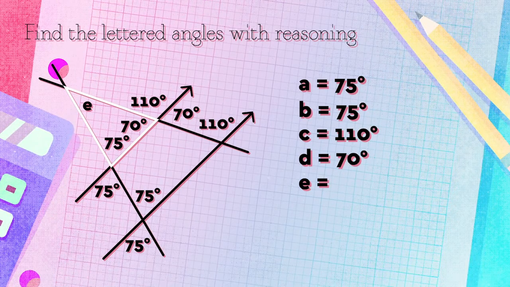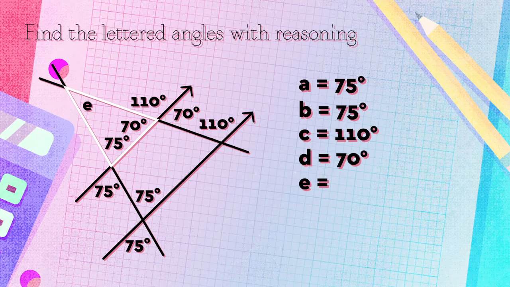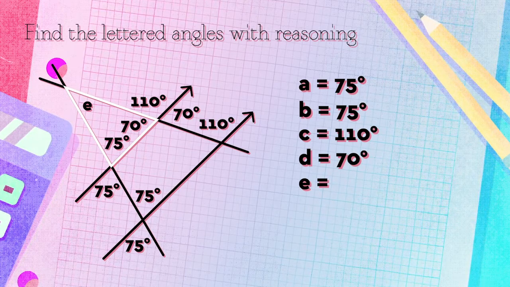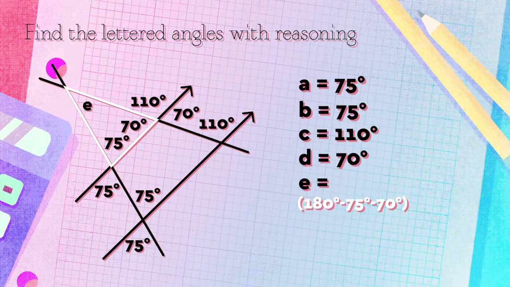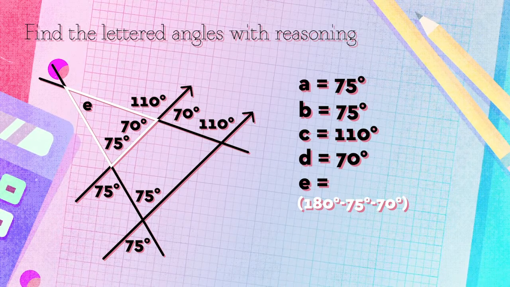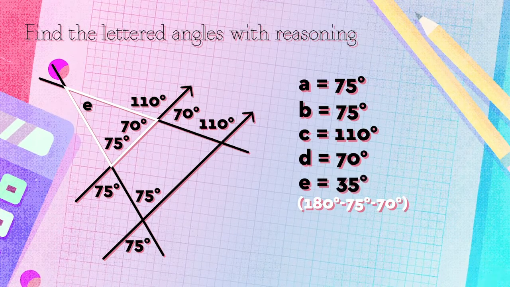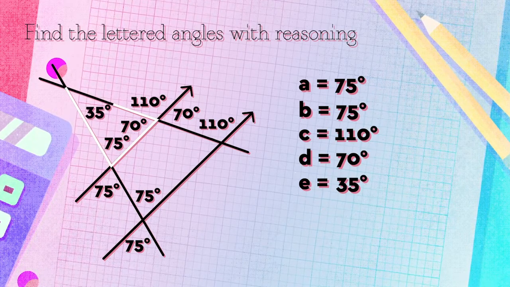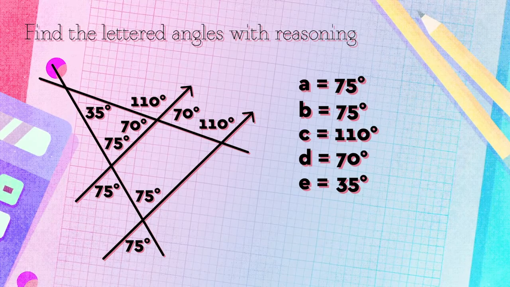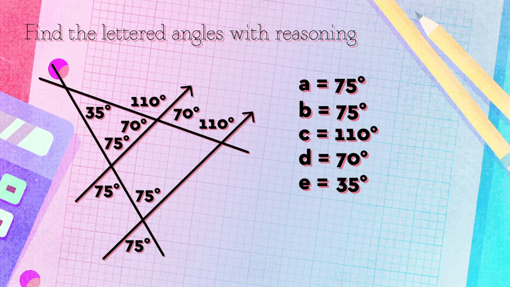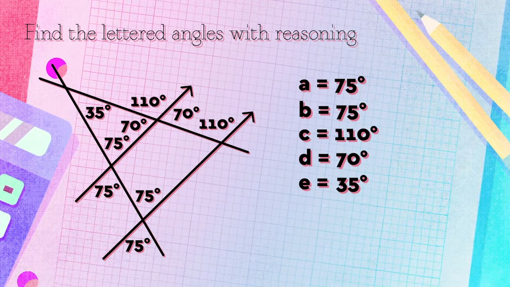Our last bit of reasoning is now angles in a triangle add to 180 degrees. Therefore, angle E is calculated as 180 less the sum of 75 and 70, which turns out to be 35 degrees. All the angles have now been determined, and we have also provided the appropriate reasoning to support any calculations that we did. This will usually be necessary when answering questions on angles.